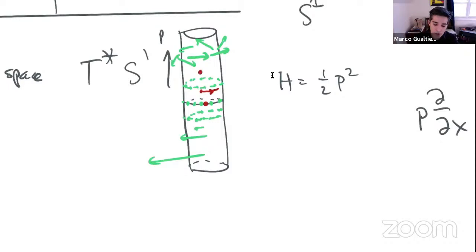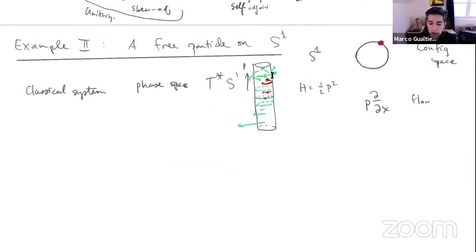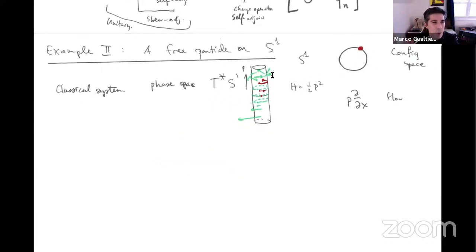But if you give it more of a push, then it will go at a constant speed, but which is faster. Okay, so all of this is somewhat immediate once you say the phase space is just a cylinder and the Hamiltonian is just the norm squared of the vertical coordinate. So what does this mean?